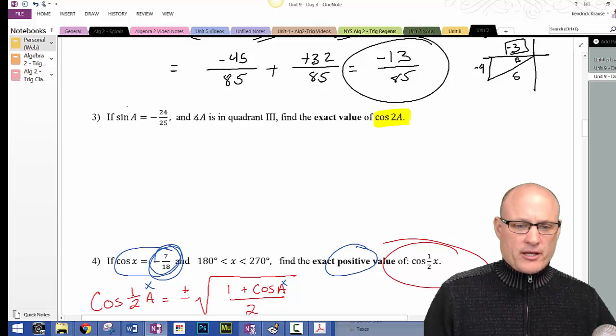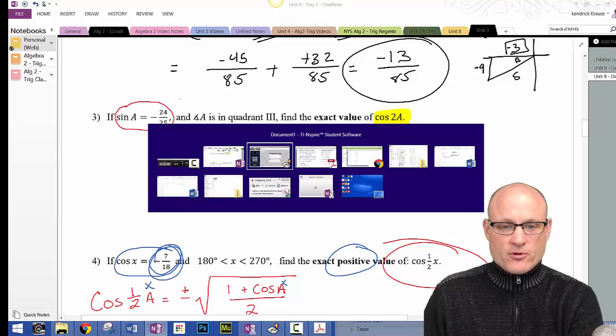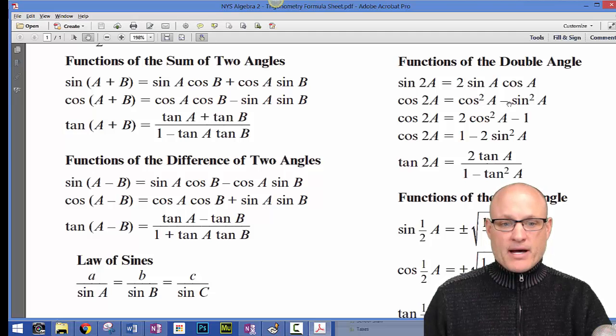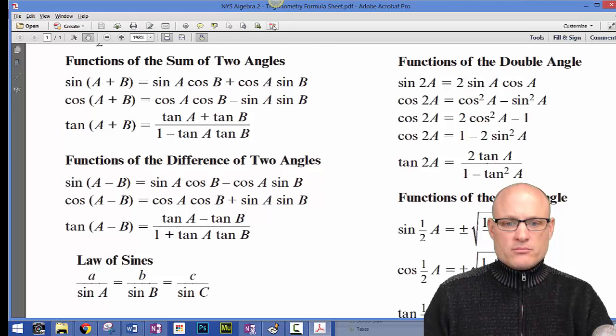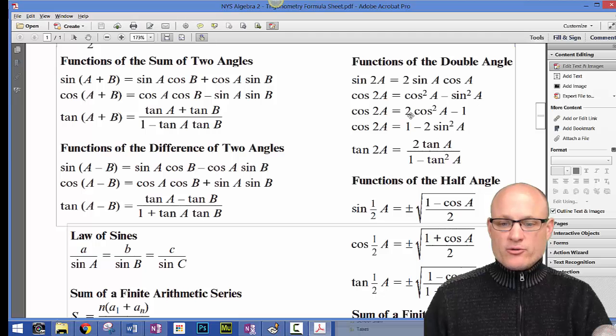Now, the way you're going to pick your formulas is depending on what you were given. In this case, I was given sine. So when you pop over to your formulas sheet, and I need to use sine, I can either use this formula, which is cosine squared a minus sine squared a, or I could use 2 cosine squared a minus 1, or I can use 1 minus 2 sine squared a.